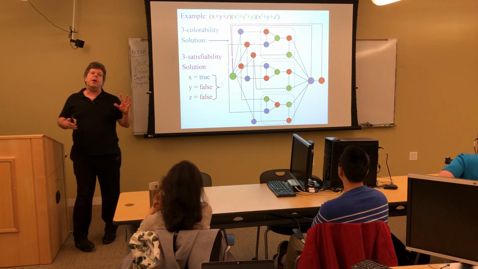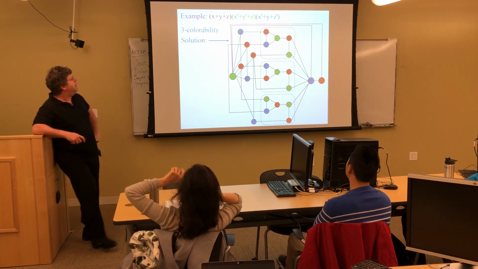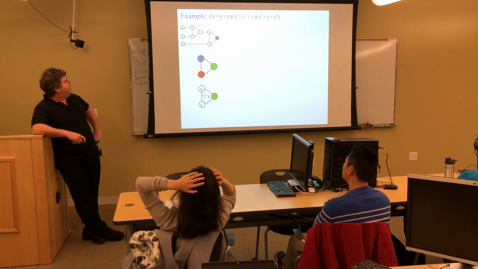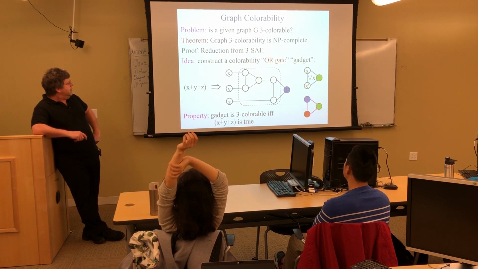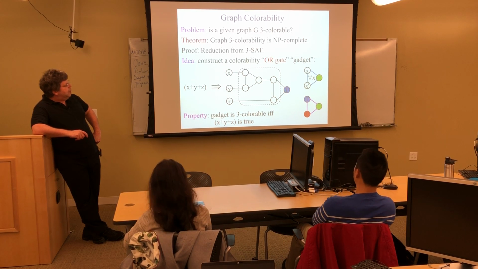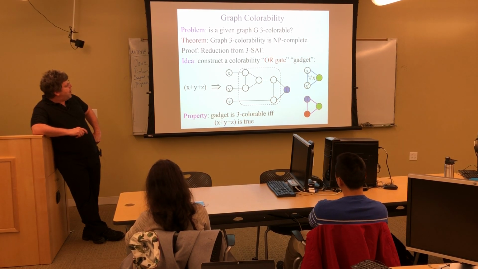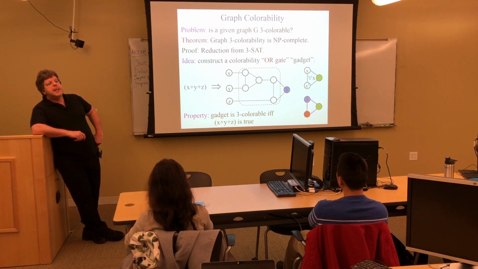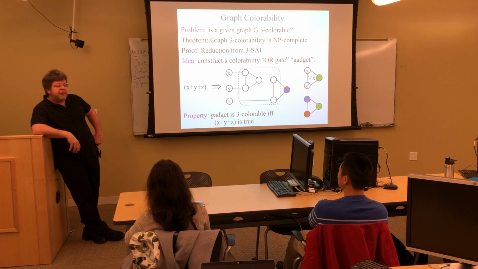How did somebody figure out that this gadget has this property? That whatever output, whatever color this node gets, at least one of these three has that color? Somebody must have sat for weeks or even months back in the 70s playing around with all sorts of graphs and subgraphs and gadgets and testing out the properties and scratching their head a whole lot until they figured this out.